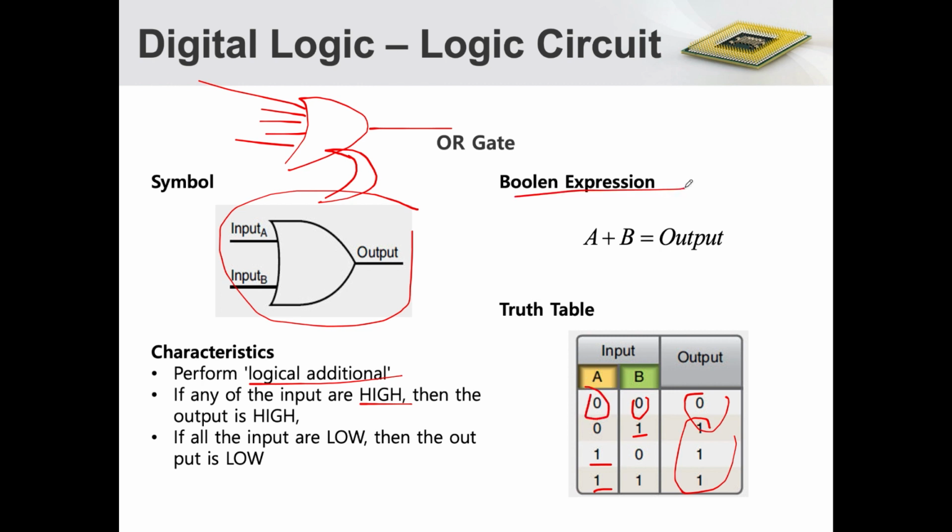So the Boolean expression looks like this: A plus B, or it can also be X plus Y. It depends on your labeling here. So that finishes the OR gate.